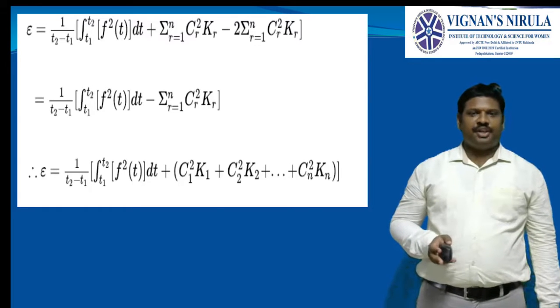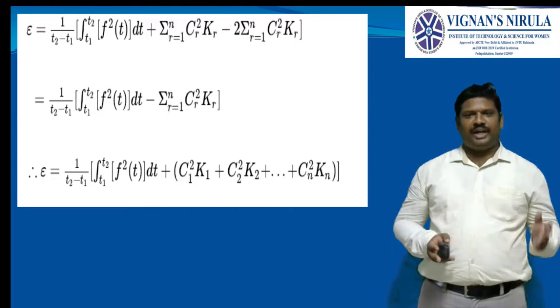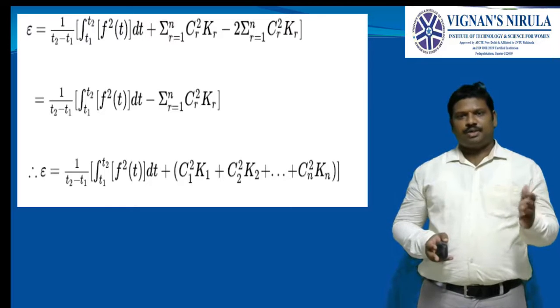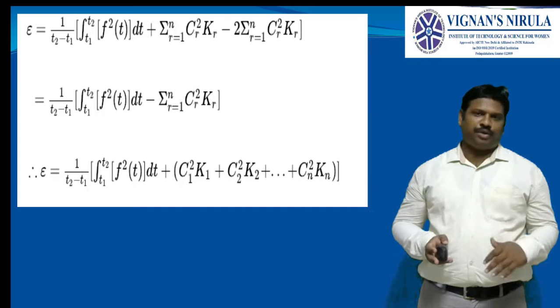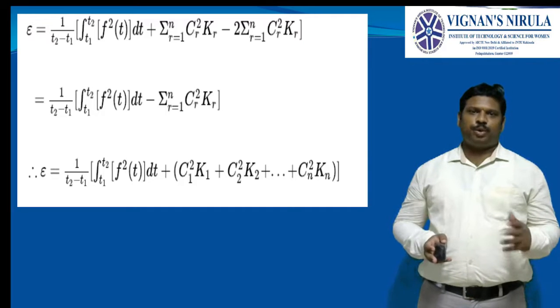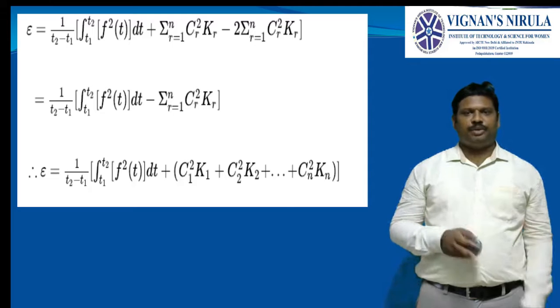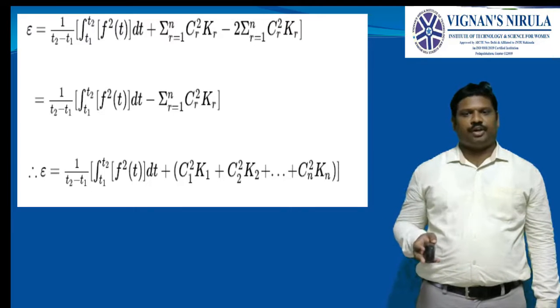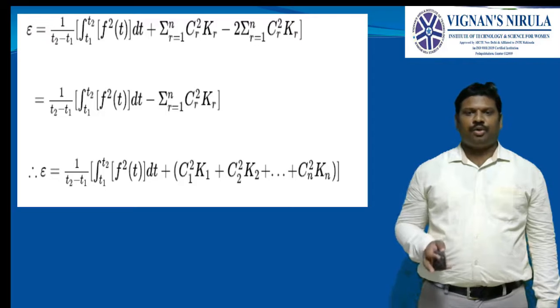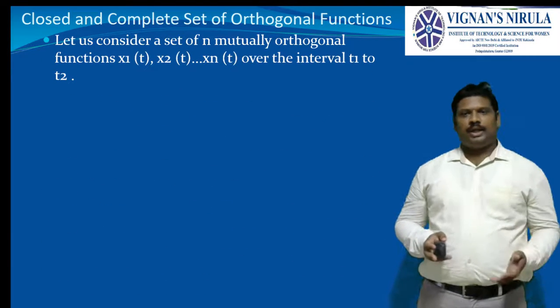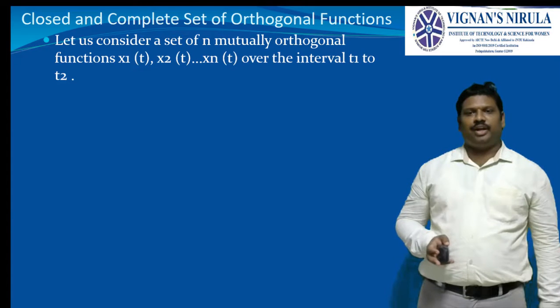Then f square of t dt minus summation r equal to 1 to n, that is, in the above expression, the plus cr square into kr minus 2 cr square into kr. That's why minus cr square into kr. Then summation cr square into kr can be written as c1 square k1 plus c2 square k2 plus and so on, cn square into kn.